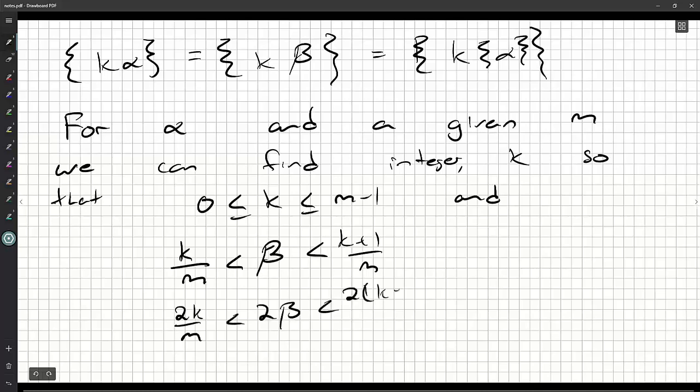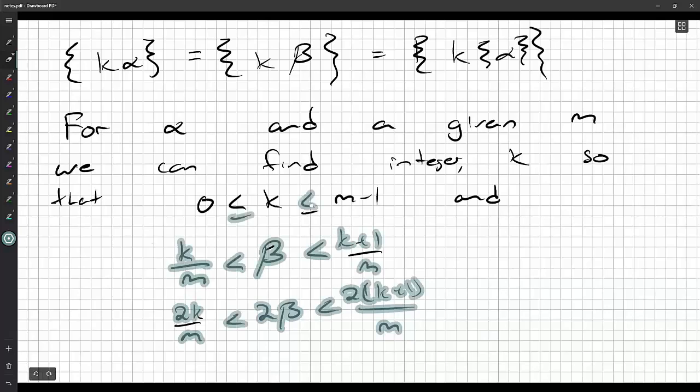Well, unfortunately, the gap widens. So I don't like that. So, okay, this doesn't seem to be working. Let's try something else.